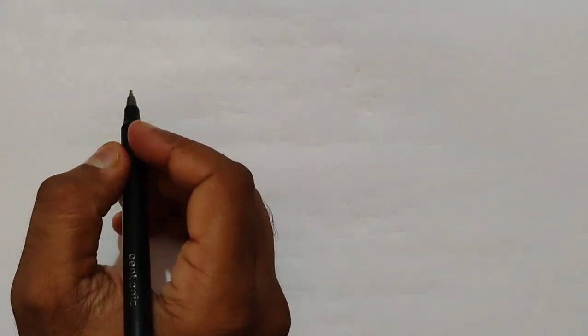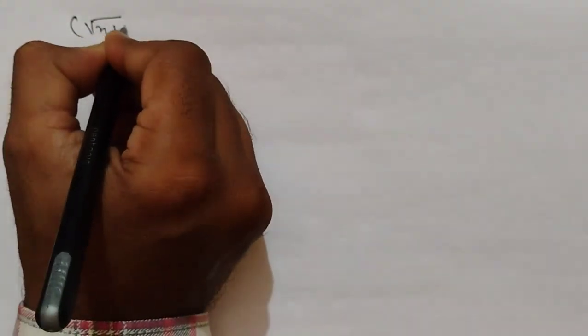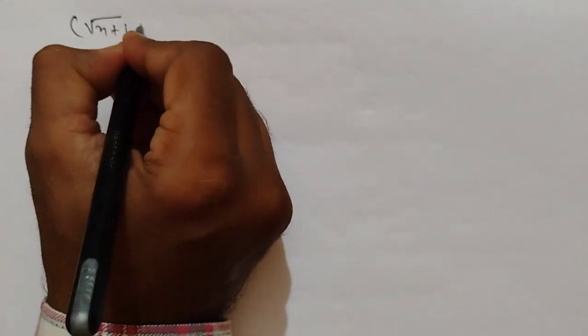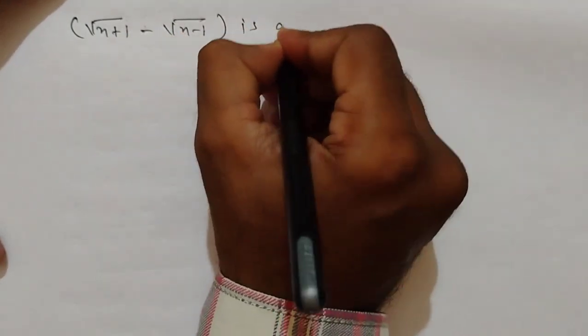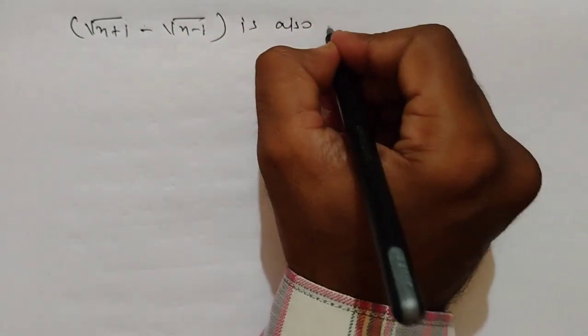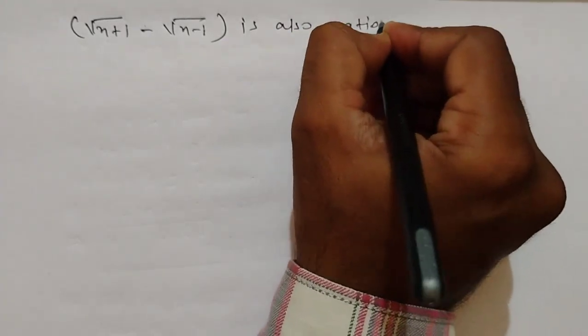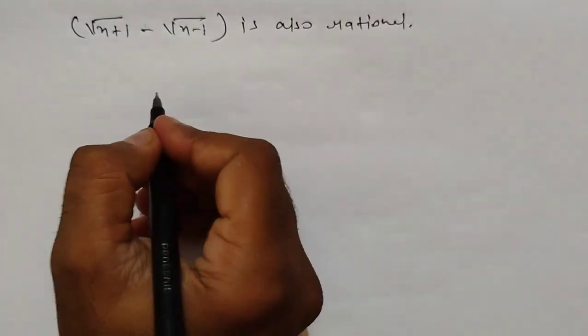So here it means that the value square root of n plus 1 minus square root of n minus 1 is also rational.